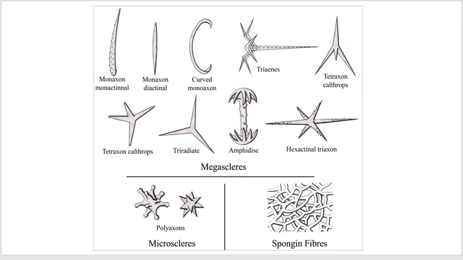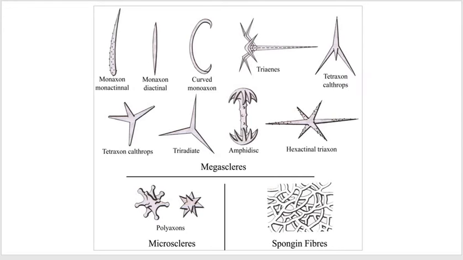You can focus on the diagram, and what I am going to explain will be easily understood. Monoaxon spicules are further classified into monoaxon monoactinal spicule and monoaxon diactinal spicule.